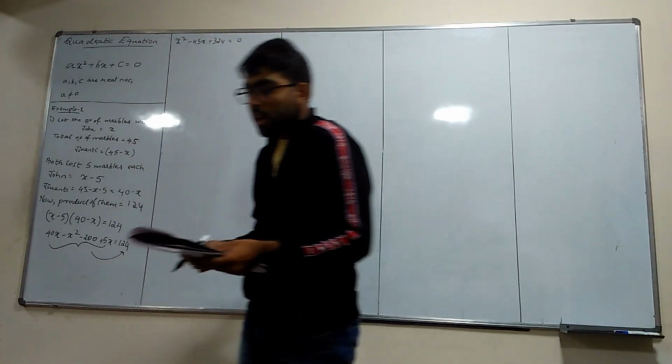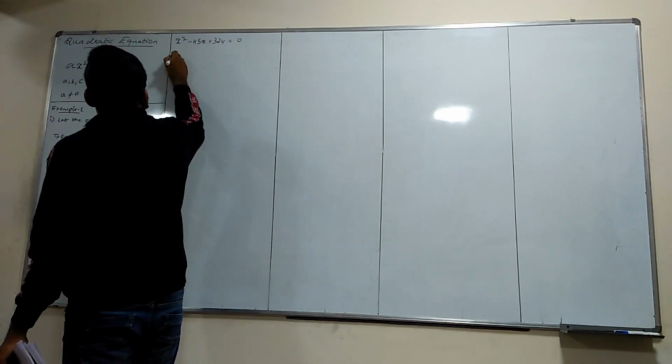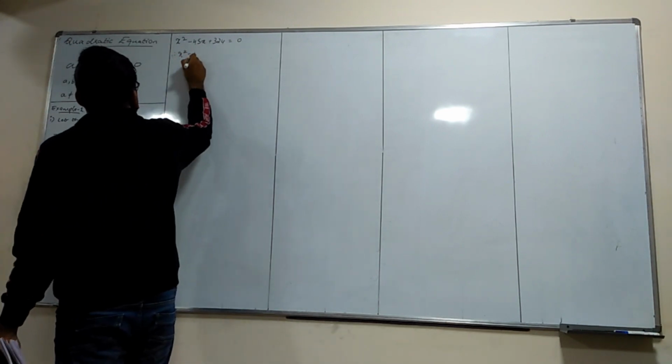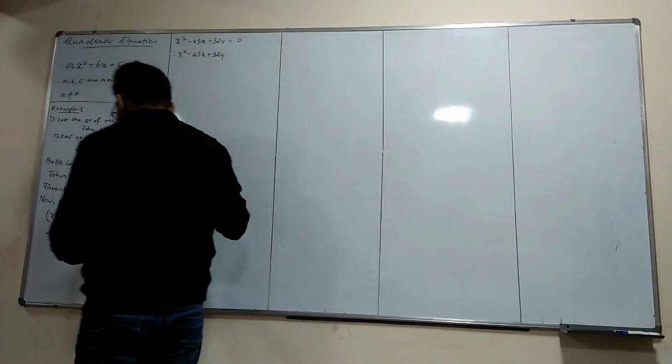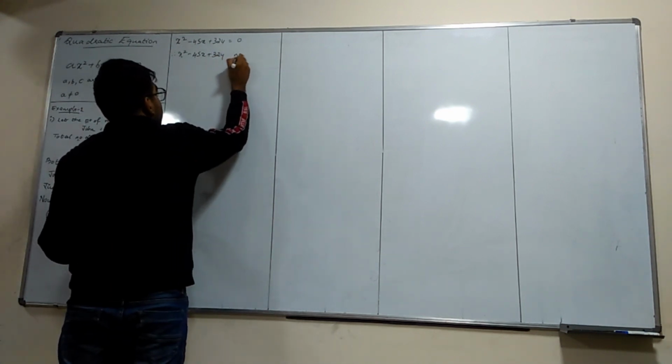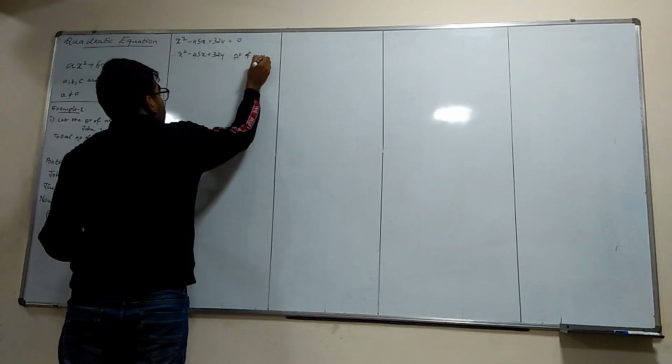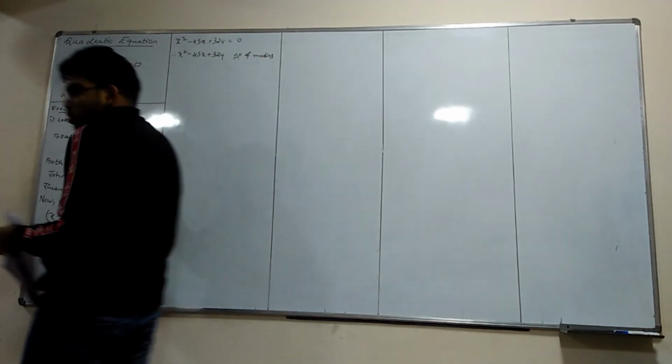Therefore, x square minus 45x plus 324: only those number of marbles satisfy this equation.